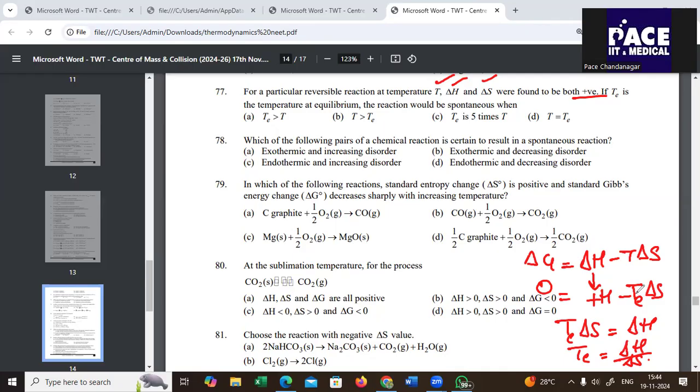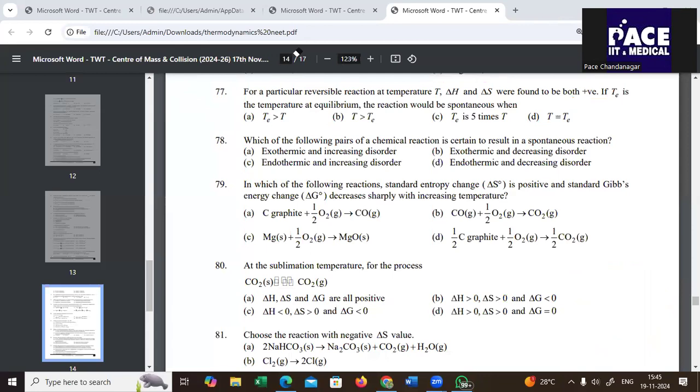At a temperature greater than TE, because otherwise you have positive and negative. So a temperature greater than TE is required, so that this T delta S term is a bigger value. Then you will get your value of G as negative. Clear? Next, moving on to the next one.